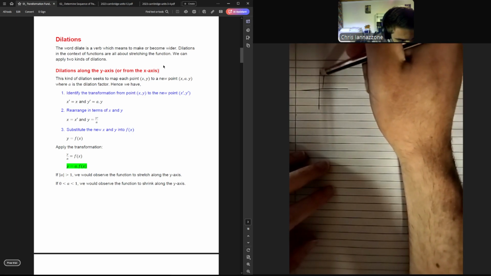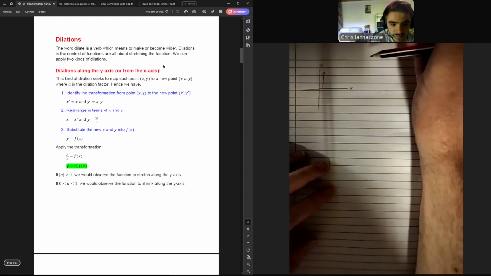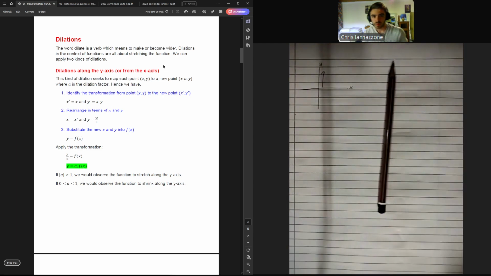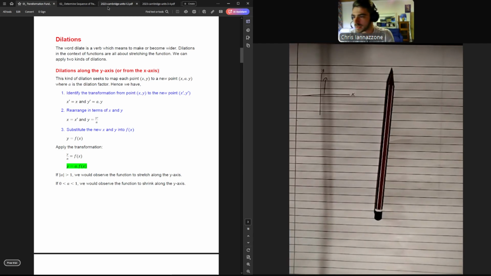That is going along the y, there's your y, or it's going away from the x. So from the x is an equivalent way that you could express that, and that's the way that's common, at least in the Cambridge book. I can't necessarily say for, oh no, it's Jacaranda as well. That will do from.